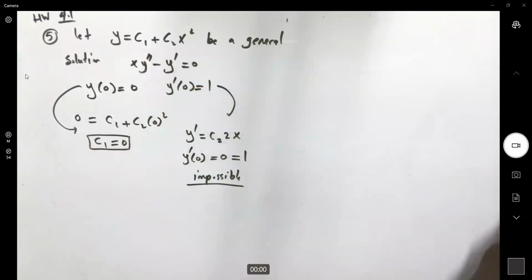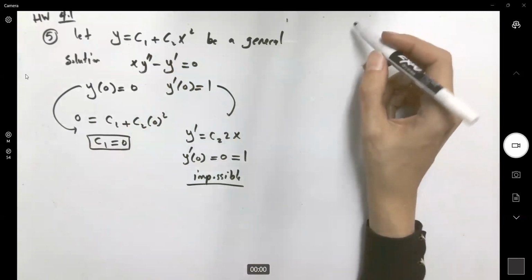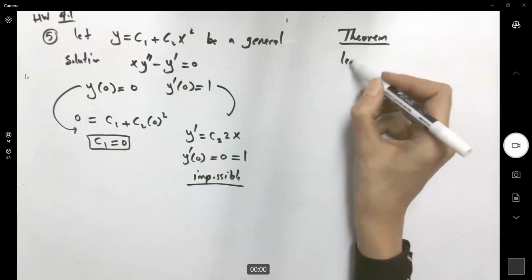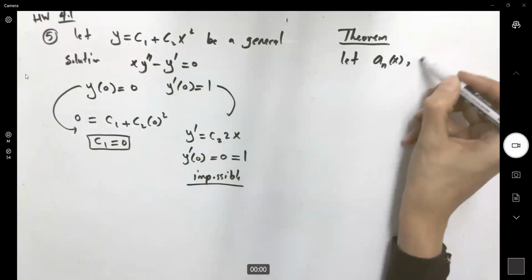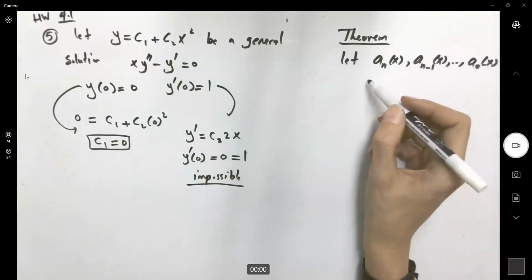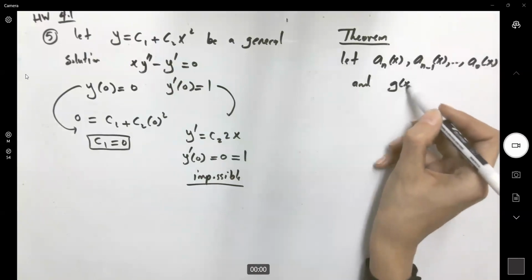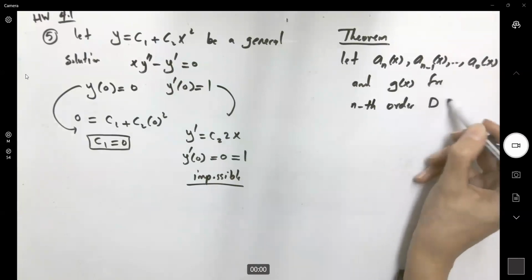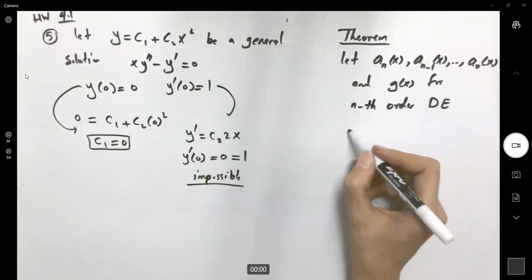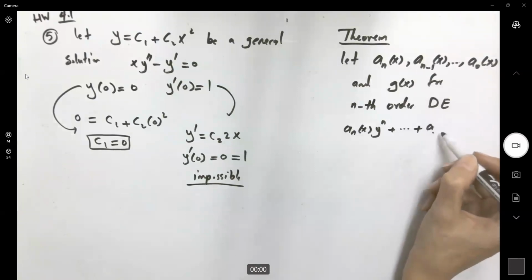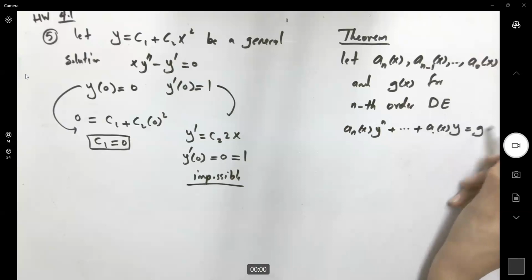There you go. Now let's go back to the theorem about the existence of a unique solution. The theorem says, let the coefficients a sub n of x, a sub n minus 1 of x, and a sub 0 of x, and also g of x, for the nth order linear differential equation, a sub n of x times the nth derivative of y plus ... plus a sub 0 of x times y equals g of x, be continuous.